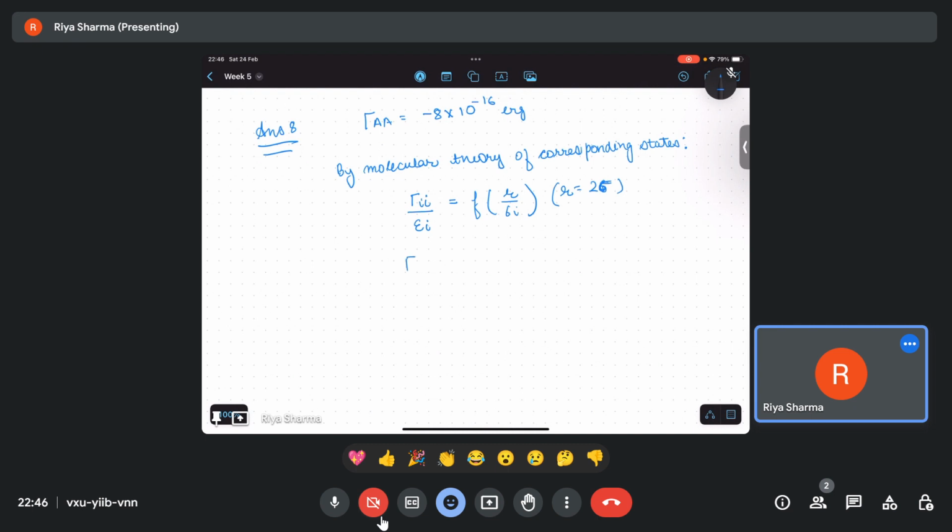So phi AA by epsilon A will be equal to F of 2.